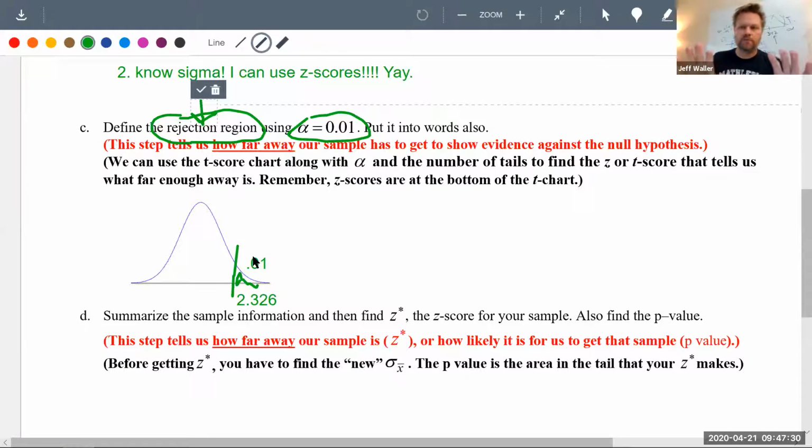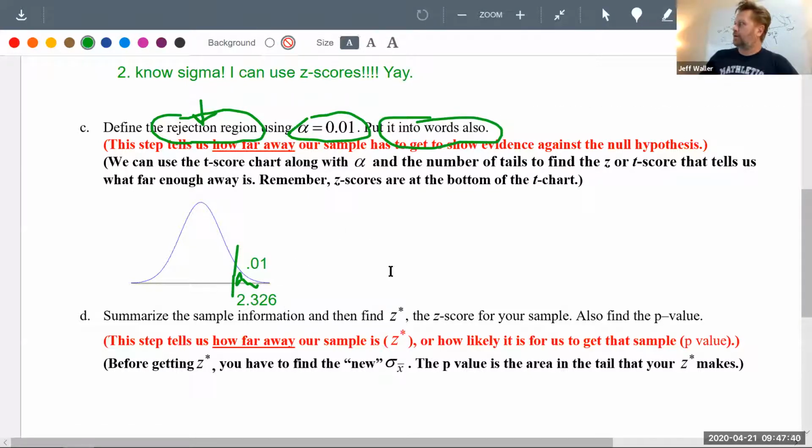All right, moving on. So real quick, do you see how I put it into words also? Do you see 2.326? That's a z-score, right? 2.326 is a z. How did I get 2.326? Alpha is 0.01.